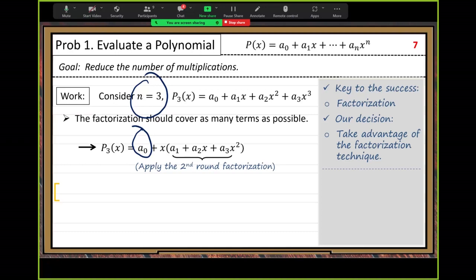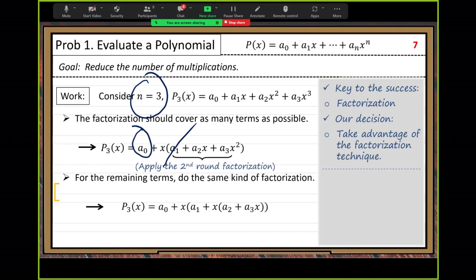So let's do another round of factorization. Inside the parentheses, we can still do another round by skipping the first A1 term, right?